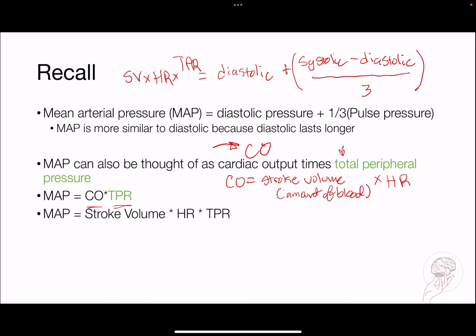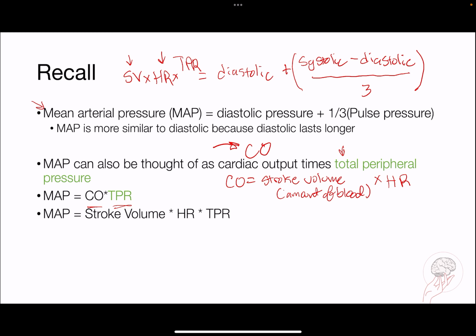So that's all to say that these are important equations, but think about what these equations mean in terms of the body. So we have to overcome total peripheral pressure, and we do that through stroke volume and heart rate. And that's our mean arterial pressure.